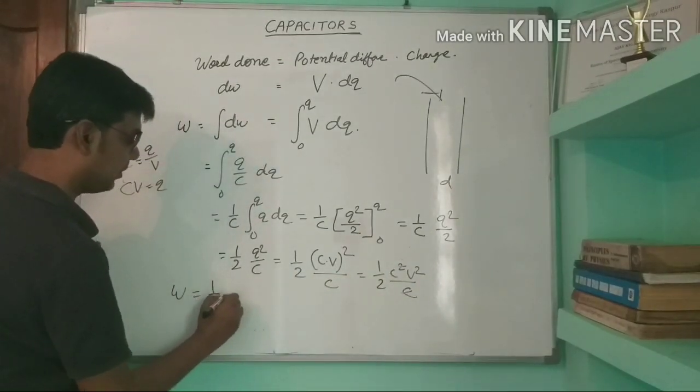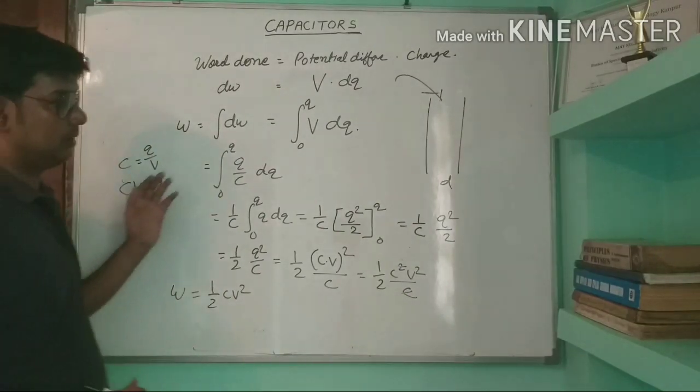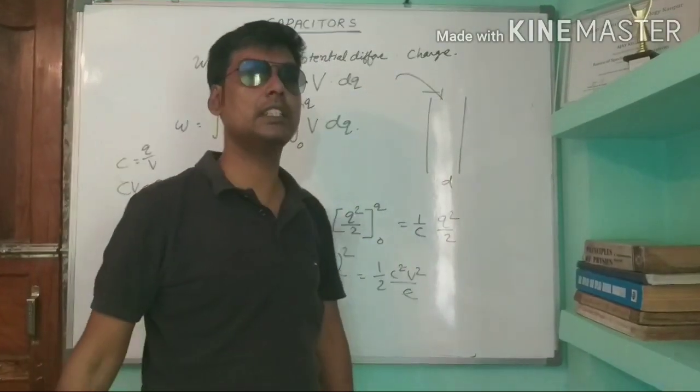So it will be half CV square, and that much energy it can store.